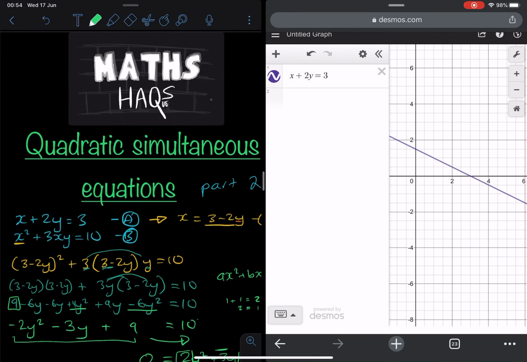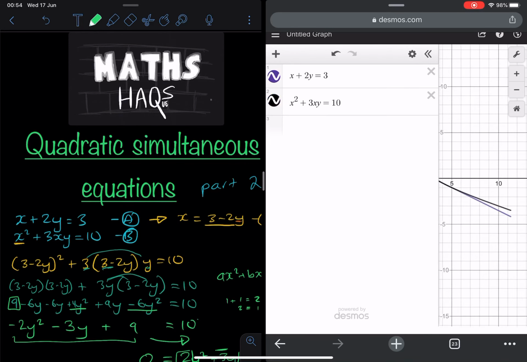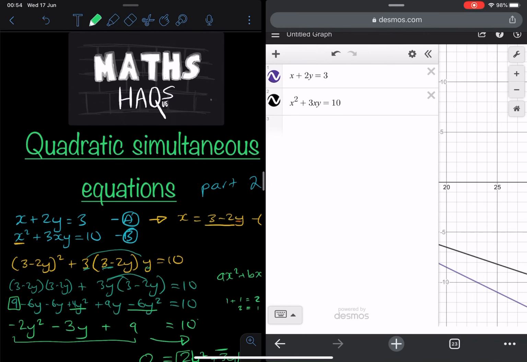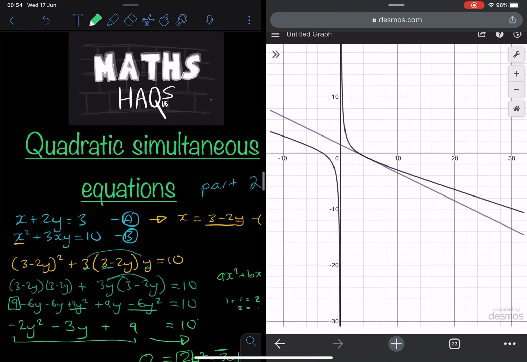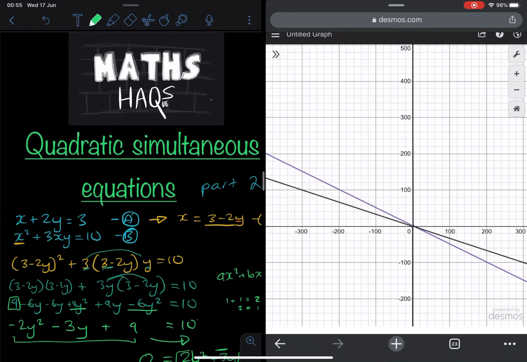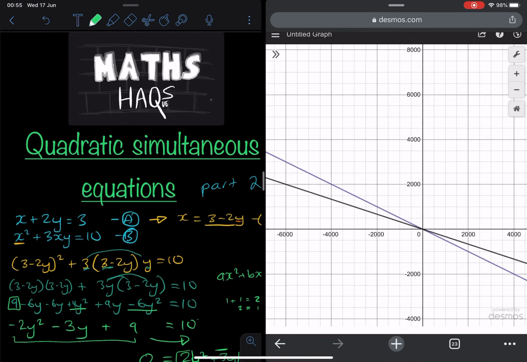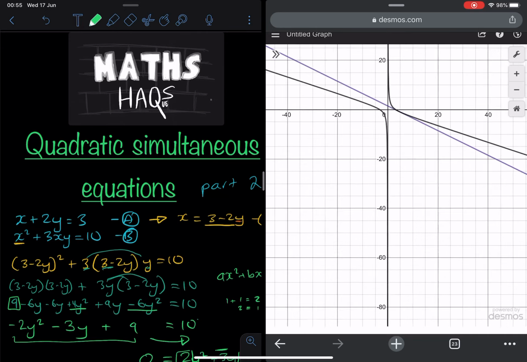And now the second equation is x squared plus 3xy is equal to 10. Whoops. And what does this give us? Okay, a very, very unique kind of drawing.